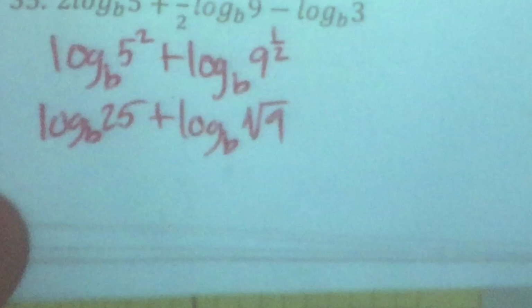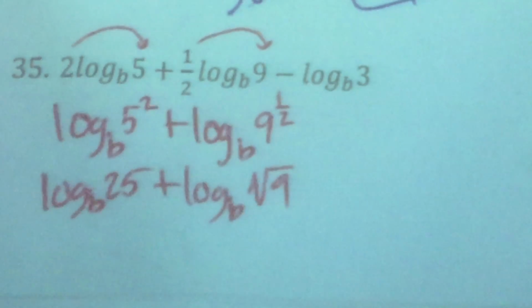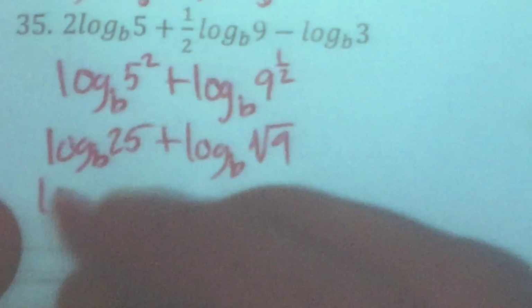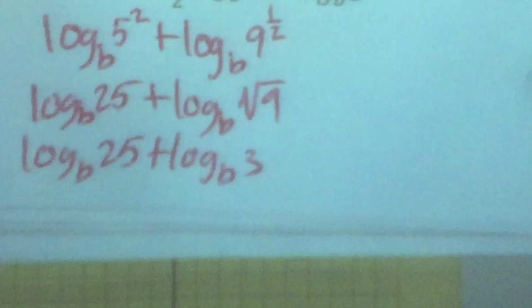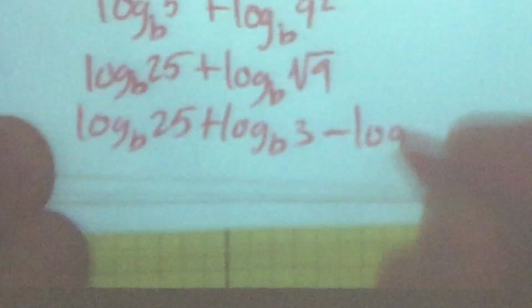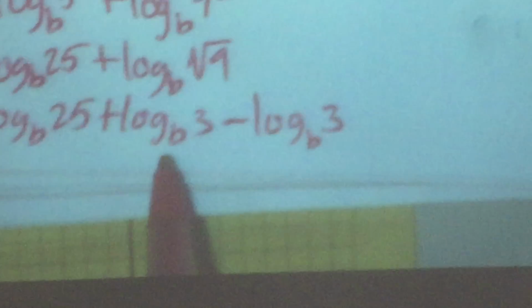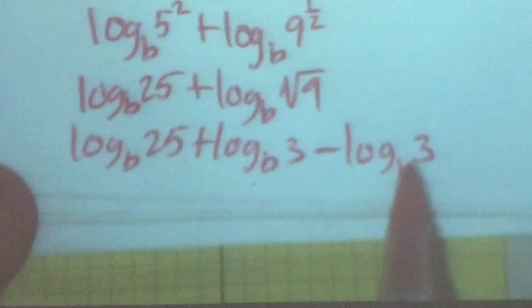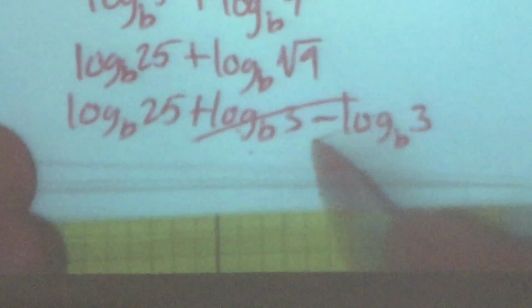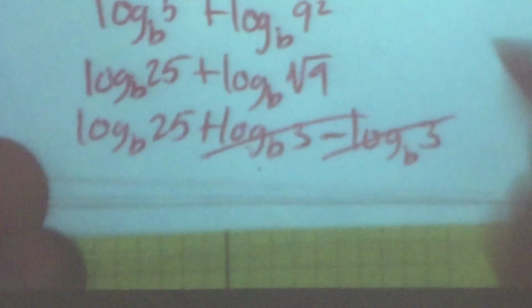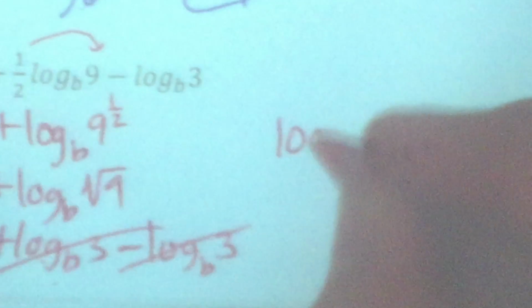I can keep going on that one. Square root of 9 is just 3. So it's log base b of 25 plus log base b of 3. Now notice this. I am going to look at the other part now because I just noticed something. Log base b of 3 minus log base b of 3. These two are exactly the same thing. So this minus that just cancels out. The answer is just log base b of 25.